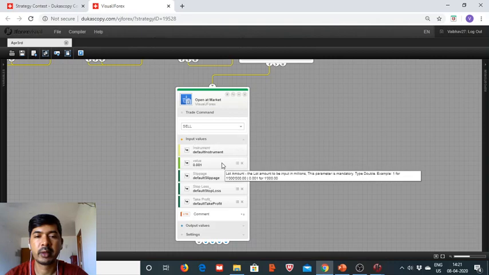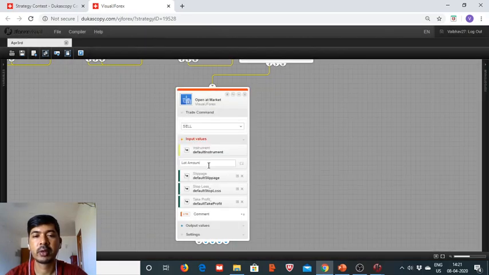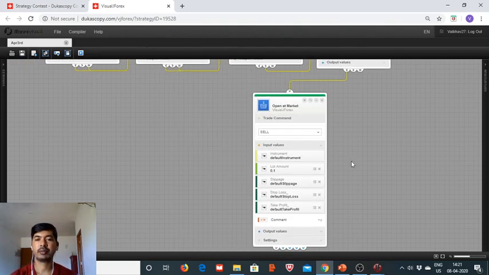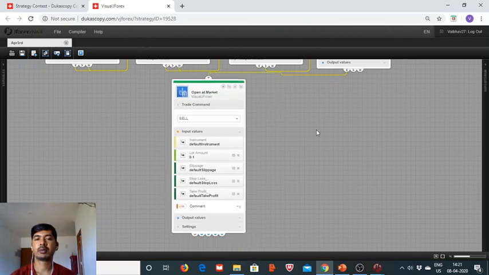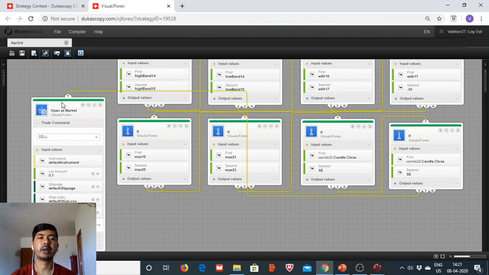Instrument will remain as it is. The trade amount will be defined with 0.1 million, 0.1 million stop loss, and the take profit and all will need to take in from upper side, which we had defined yesterday.